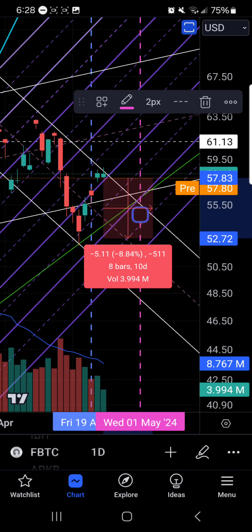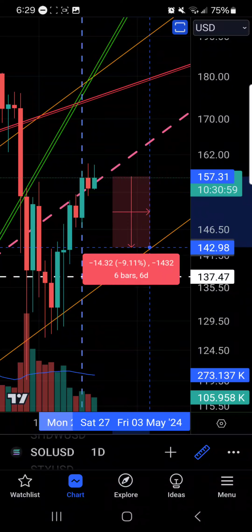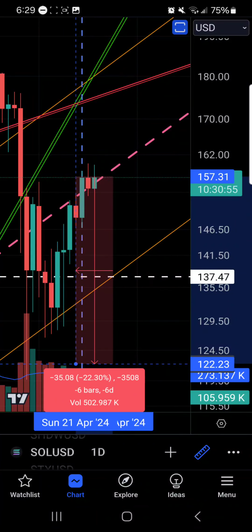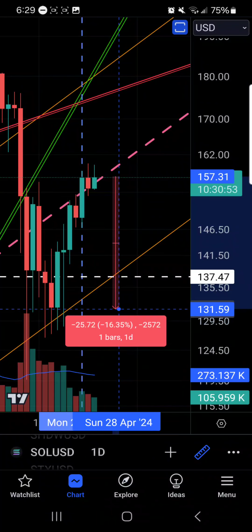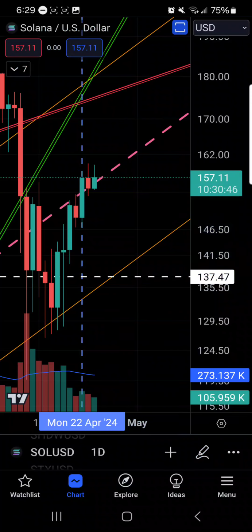So that lines up. Now we're looking at Solana. A 12% dump over the weekend for Solana would take us down to the bottom of this parallel channel, rising upward, and to that white horizontal line at about 137. That lines up.